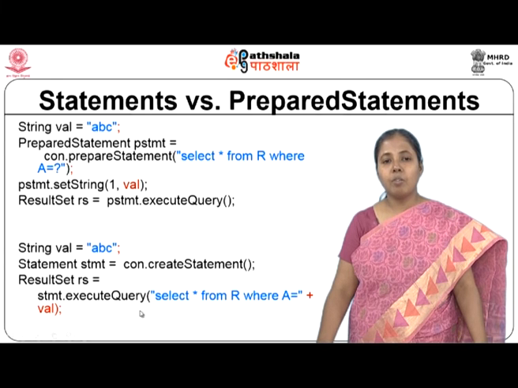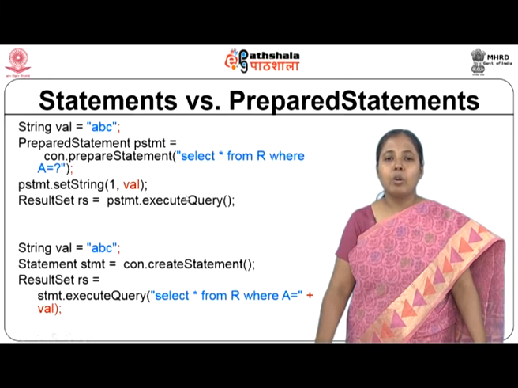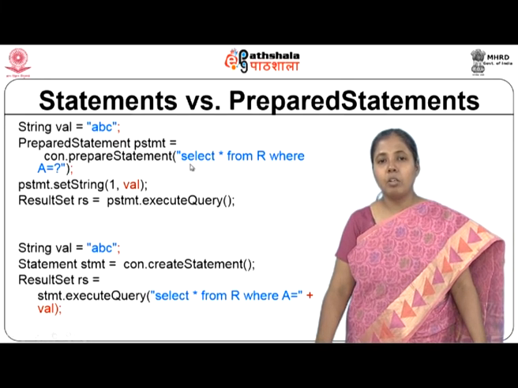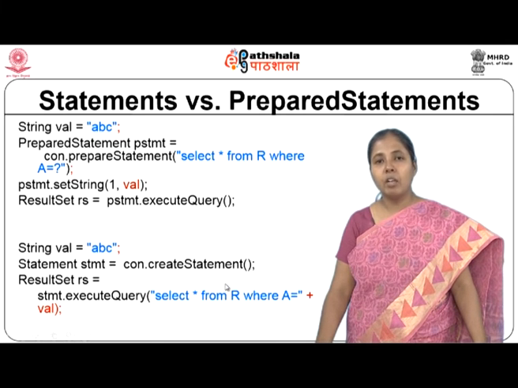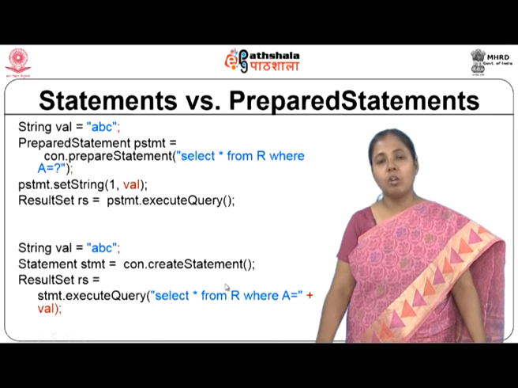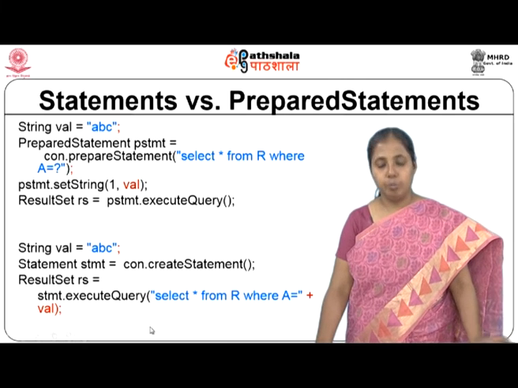The query string is given with the set values. It is not a question mark; you give a value and then you execute the query. So, here the execute query is empty, because the query string is given along with the prepare statement, but when you create the statement you do not give the query string. Once a statement is created, you execute the query.